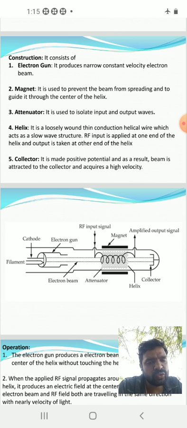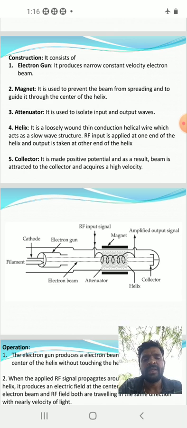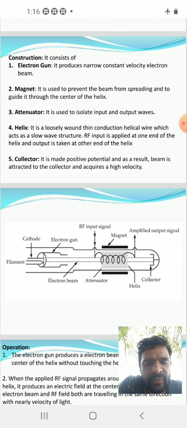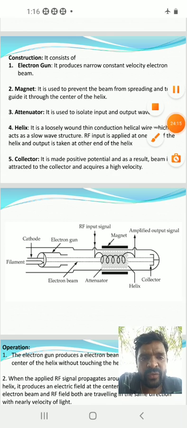The anode is used for collecting the electrons at the right side end. So at the start we use the filament or electron gun to generate the electrons, and at the right end we use the collector anode to collect them. The collector has positive potential which attracts the electrons. This is the construction of the traveling wave tube.